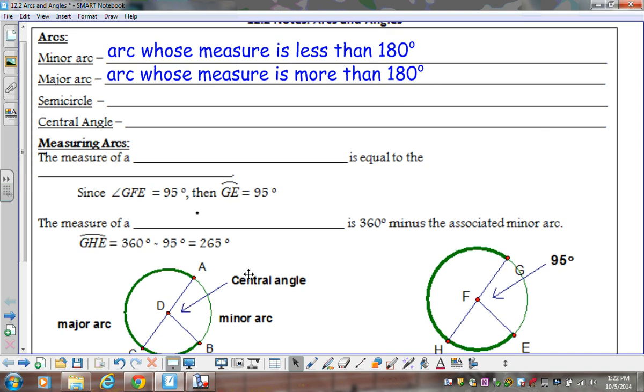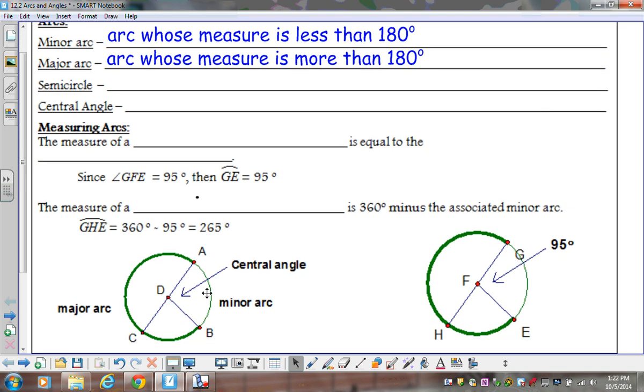Looking back at our example, arc ACB covers more than half the circle, so that would be a major arc. And arc AB, this small arc that's not darkened, is less than 180 degrees, so it's a minor arc.